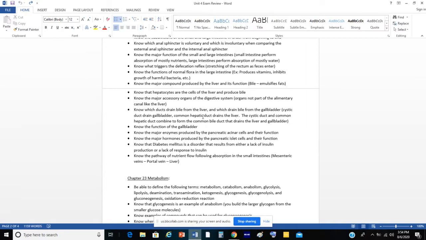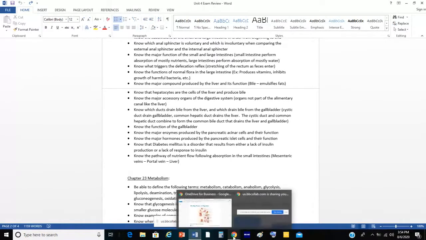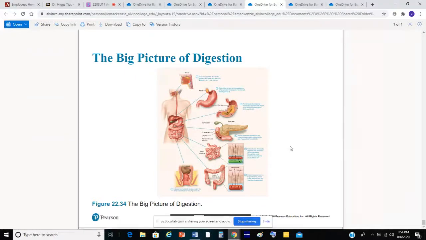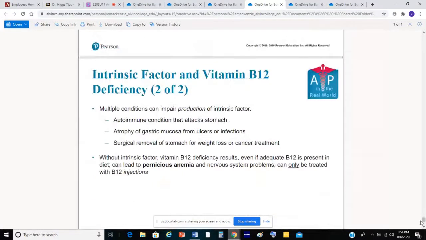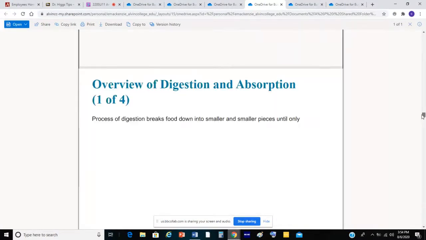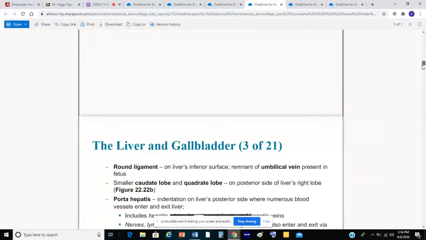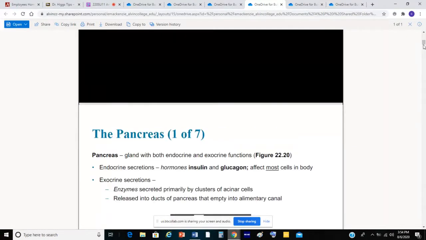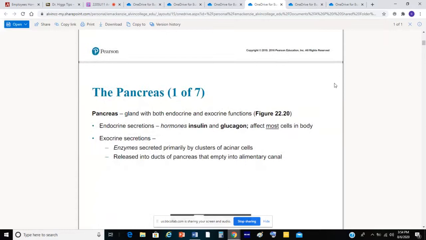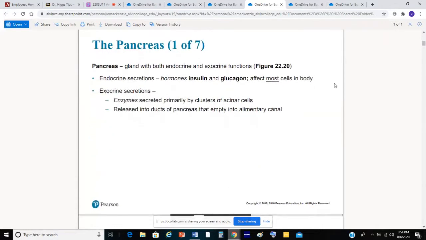But then there's a duct that drains both the liver and gallbladder. It's a duct made from the merger of the cystic duct and the common hepatic duct. It's called the common bile duct. So those are some ducts that drain your liver and gallbladder. But you also have to drain the pancreas. I'm sorry, I'm looking for slides while I'm talking. I'm flipping while I'm talking.